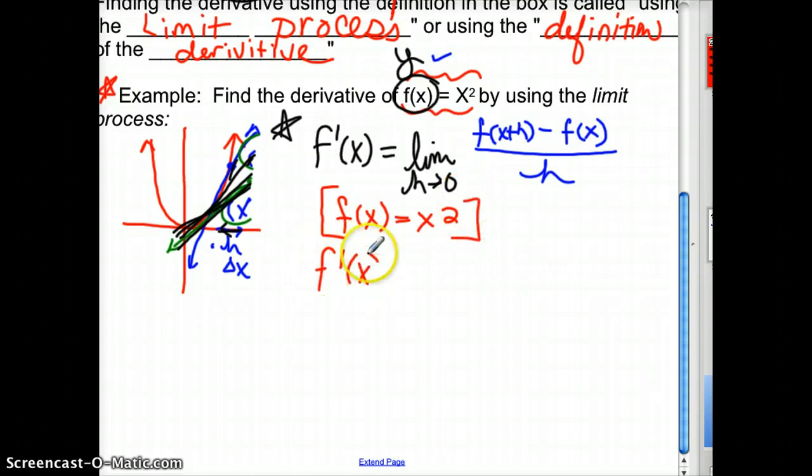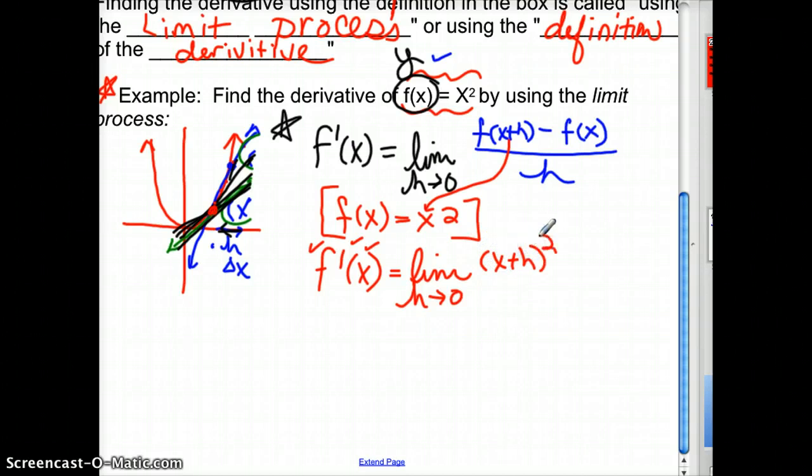My derivative of f at x, meaning the derivative at any point, is equal to my limit as h gets closer and closer to 0 of f of x plus h, which is x plus h squared, minus f of x. When I put an x in, it'd be x squared, all over h.